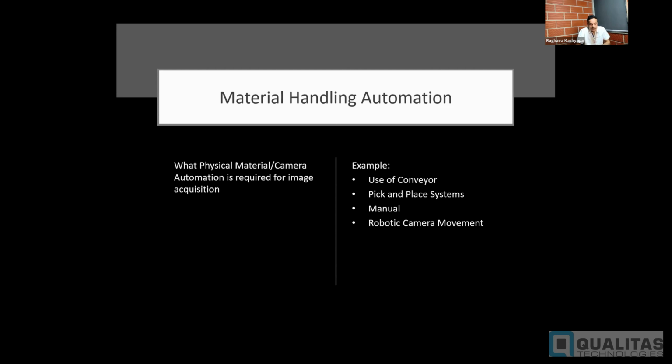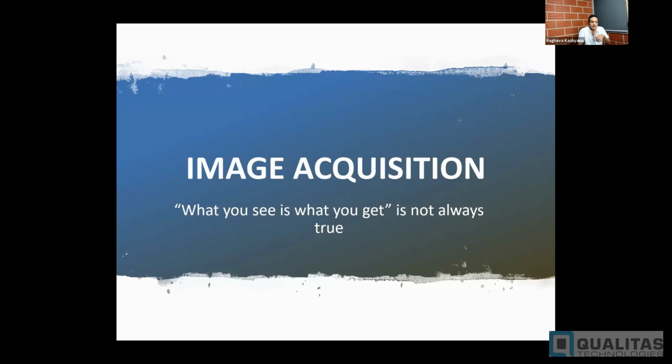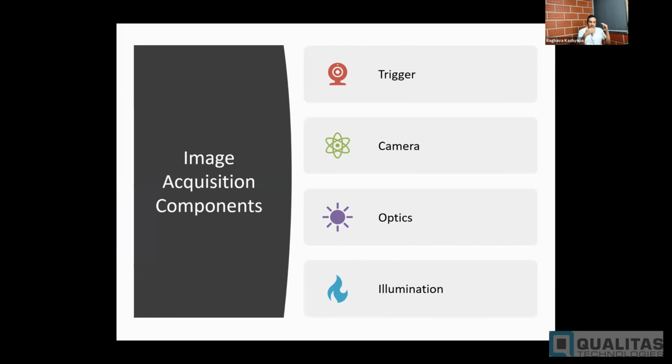The second part of the machine vision system is image acquisition, which has different components. The first is the trigger. The trigger is nothing but a signal to the camera to take the picture. You've all taken selfies. You have to press a button, that's a trigger. It's the same thing. You have a camera sitting in front of an assembly line with parts moving.